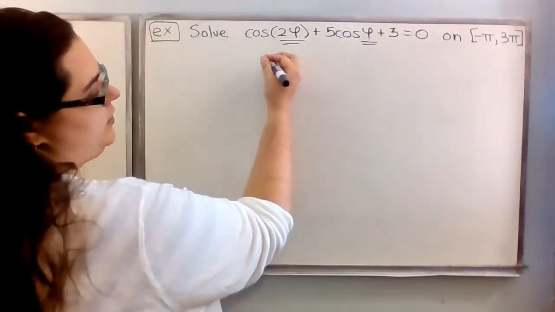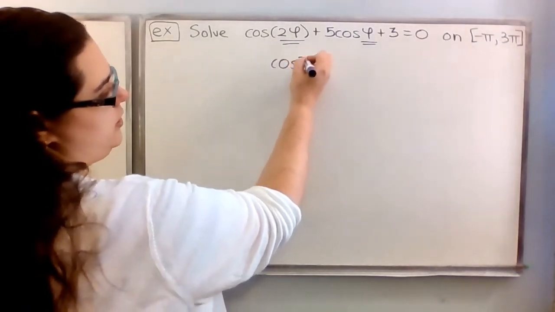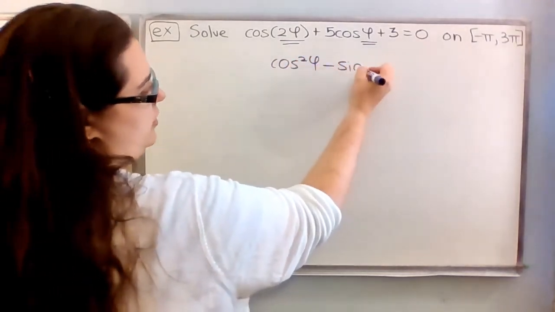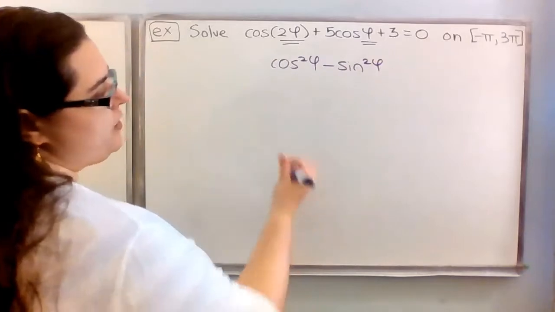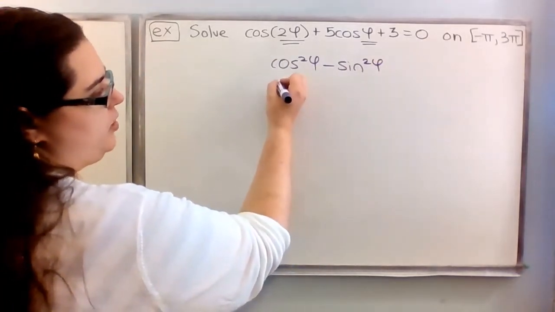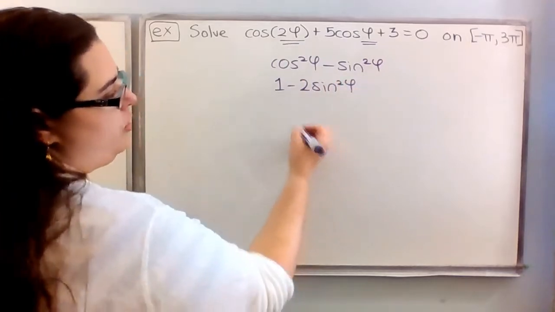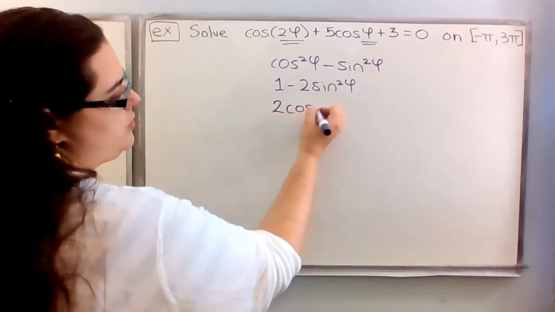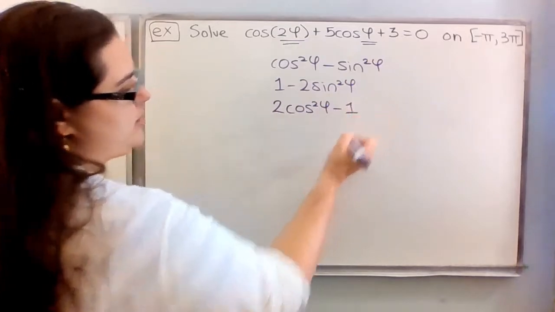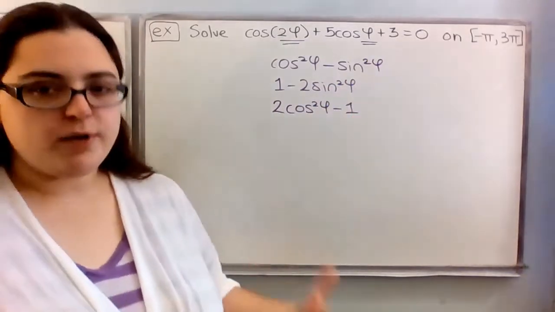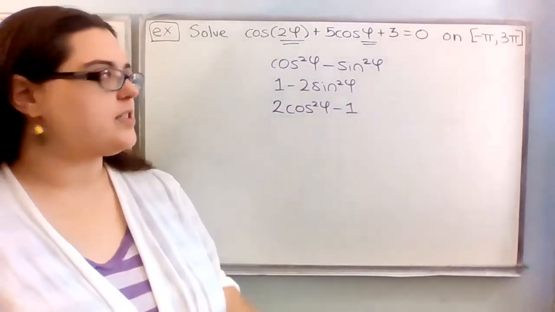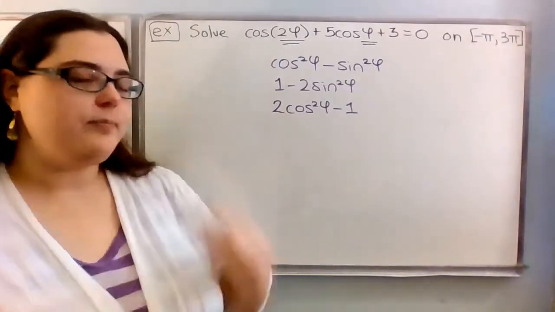So we had cosine squared minus sine squared, we had 1 minus 2 sine squared phi, or we have 2 cosine squared phi minus 1. So we have 3 options to choose from when we use this cosine double angle formula.